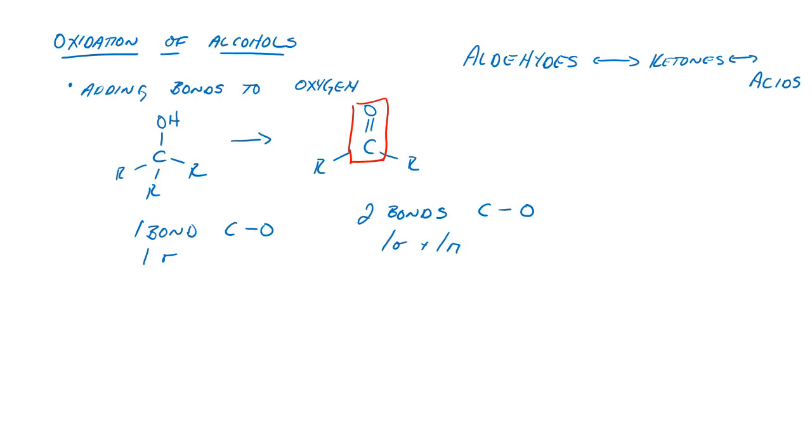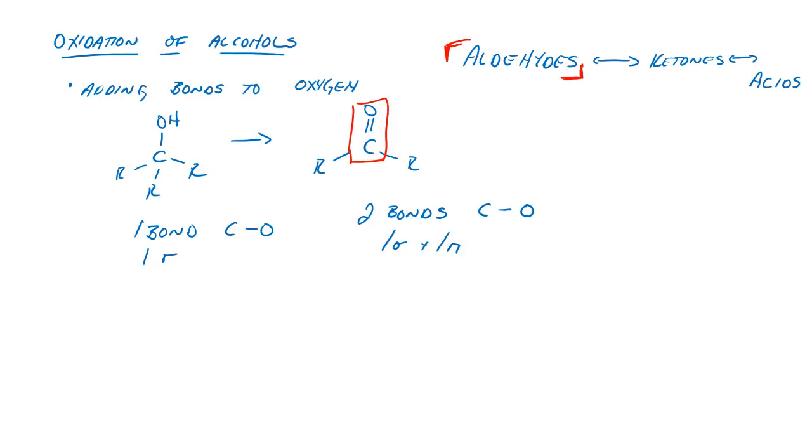Now the issue that we're going to have to concern ourselves with is, if we want to specifically make an aldehyde, we're going to have to set up a certain condition for that. Ketones and carboxylic acids are going to have slightly different reaction conditions, and I'll point that out as soon as we get there.